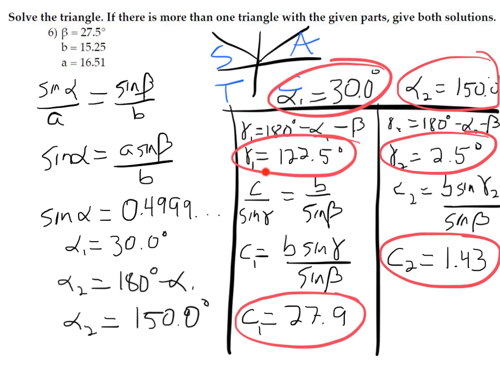It's not until you find the third missing angle that you find out if that second solution is possible. If this angle is positive, it's possible, and you finish the solution. The first one's always going to be a solution if you get an answer for the missing angle alpha. All right, let's move on.